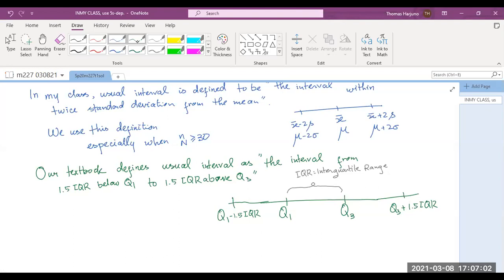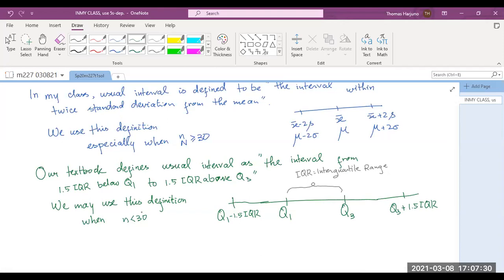We may use this definition when n is less than 30 when it is a sample.